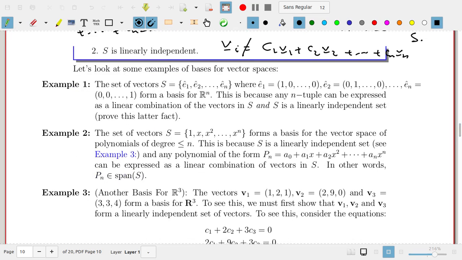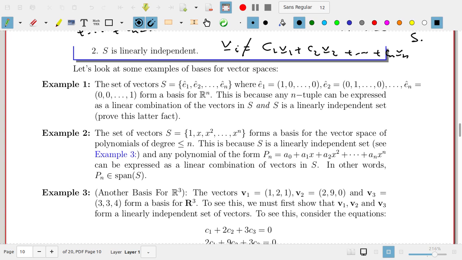Now, let's look at bases for different vector spaces that we've already looked at. So for Rn, a basis is e1 hat, e2 hat, e3 hat, all the way to en hat, right? Where e1 hat has 1 in the first place, e2 hat has 1 in the second place, and en hat has 1 in the nth place.